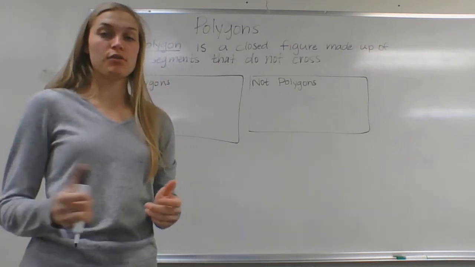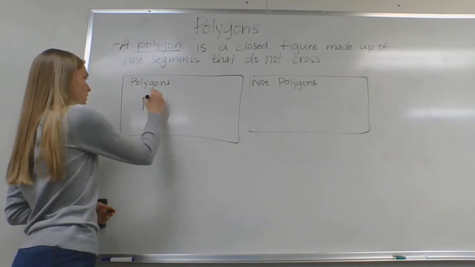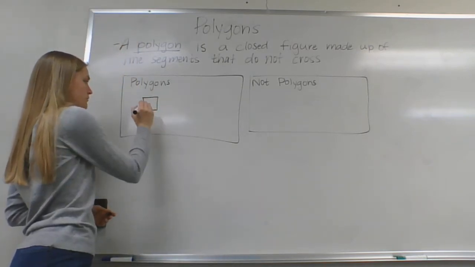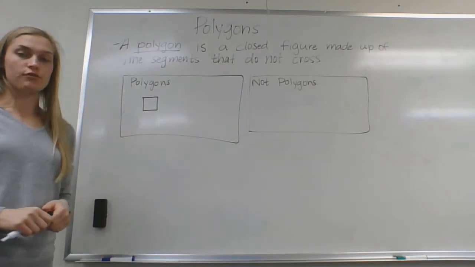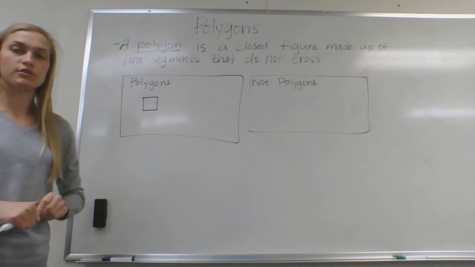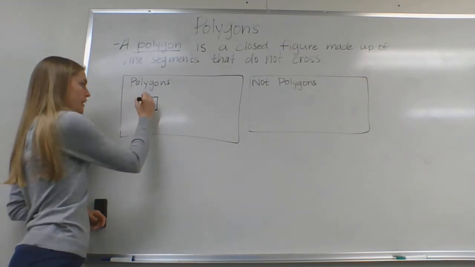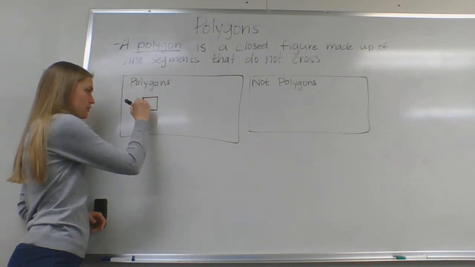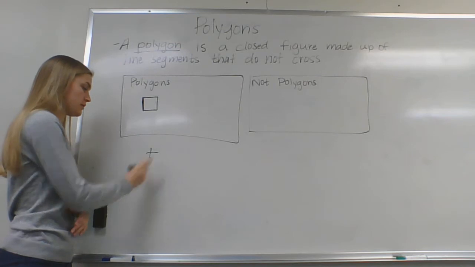So an example of a polygon is like a square. Got line segments that are straight, and it's closed. There's no opening to get into the square. And none of the lines cross each other. Now they can meet each other, like at the corners here, but they can't cross each other like this.